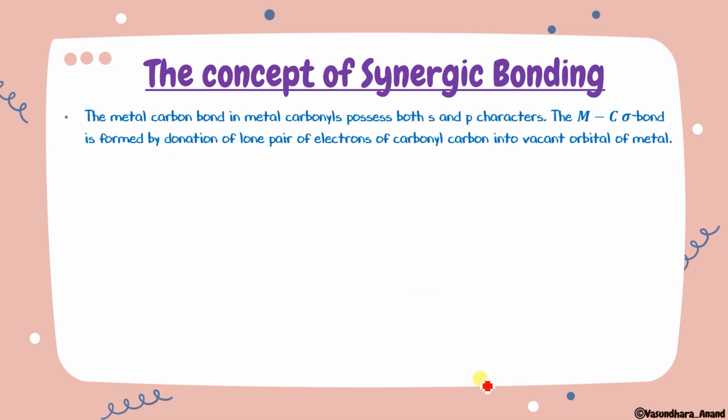The metal-carbon bond in metal carbonyl possesses both sigma and pi character. Obviously, whether it is a double bond or triple bond, one sigma bond must be there.